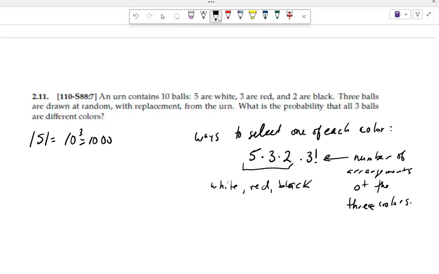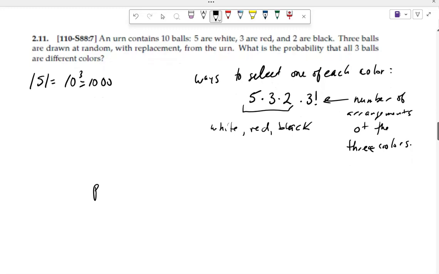That's why we need to put that extra 3 factorial in here. That's rearranging white, then red, then black. So if we want to make the probability now, we would just make the fraction. Your probability would be 5 times 3 times 2 times 3 factorial over 10 cubed.